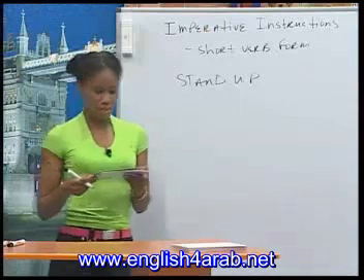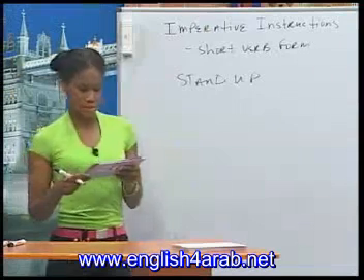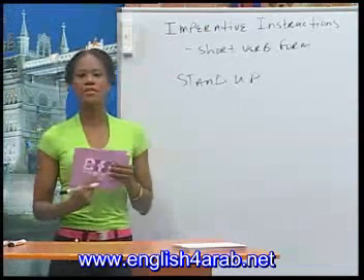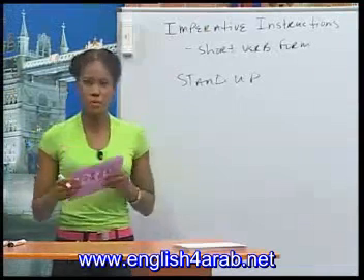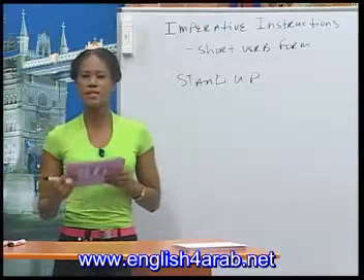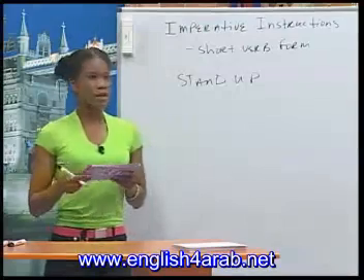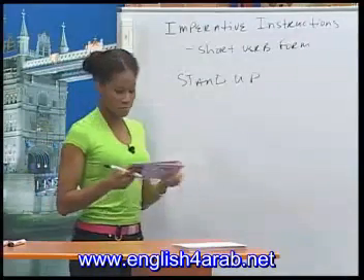Okay, good. So actually the subject is always you, because we say these sentences directly to a person or people, but we don't say you because you as the subject is understood in these imperative verbs. All right, for example, stand up.